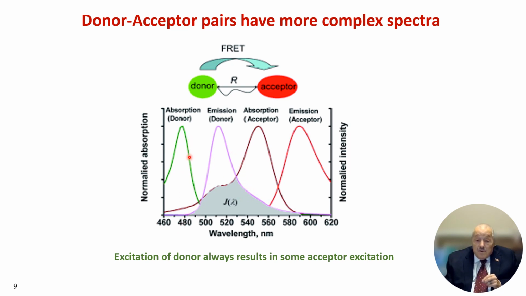So here's our donor absorption. That's not important for the calculation of R0. And there's the donor emission. Now that's going to be important because, well, I'll come out here first. Here's the acceptor emission. But the important thing here is the acceptor absorption. And that's overlapping with the donor emission, and that gives us what's called an overlap integral.